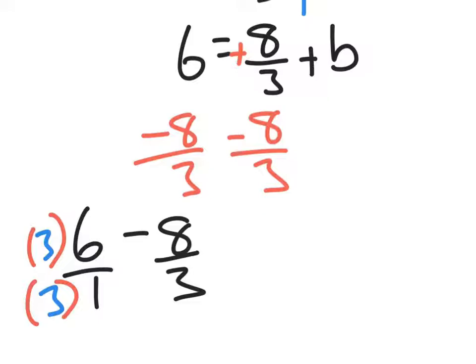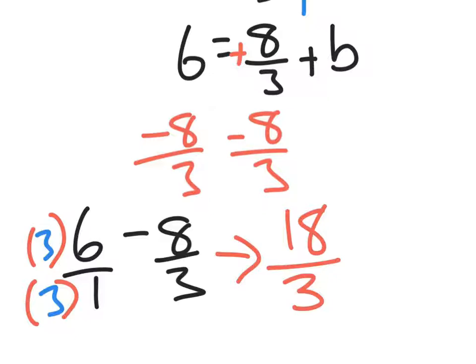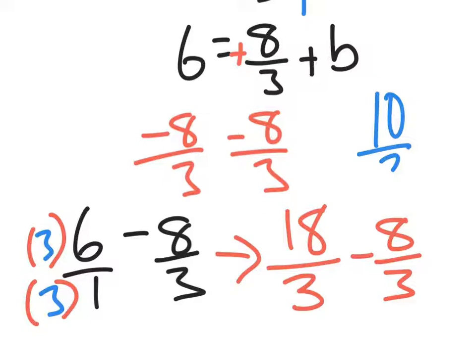3 times 6 is going to give us 18, and so this is what this is going to look like. 3 times 6 is 18, so I'm going to write 18 over 3 times 1 is 3. 18 over 3 minus 8 over 3 is what? Well, 18 minus 8 is going to give us positive 10.